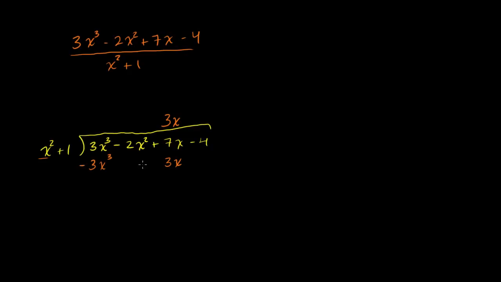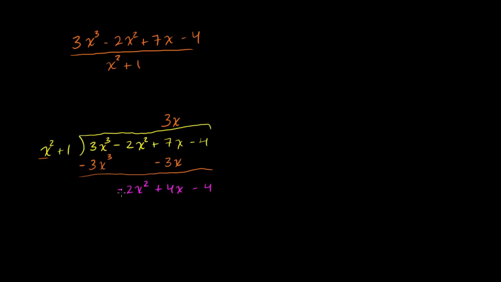And we're going to want to subtract them. And what do we have when we do that? These cancel out. We have a minus 2x squared. And then 7x minus, because I just subtracted 0 from there, 7x minus 3x is plus 4x. And we have a minus 4. Once again, look at the highest degree term. X squared and a negative 2x squared.